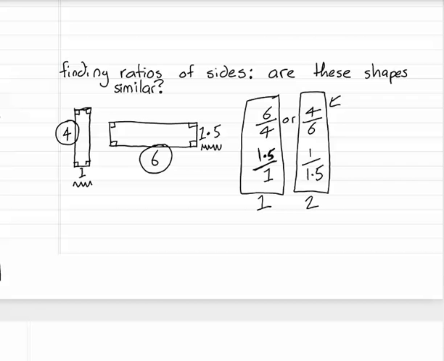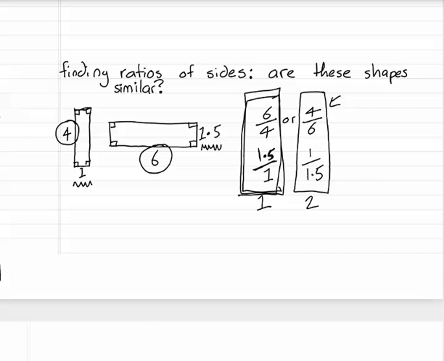Largest side for the pair on top or smallest side for the pair on top. Mostly it's easiest to do largest side for the pair on top, unless there's something about the question that says not to. And that would be when you're finding a reduction factor, which we're not doing yet.